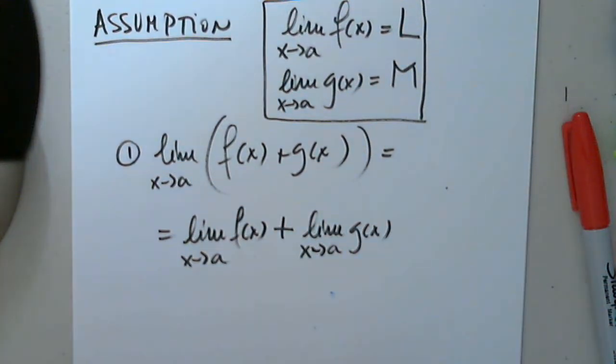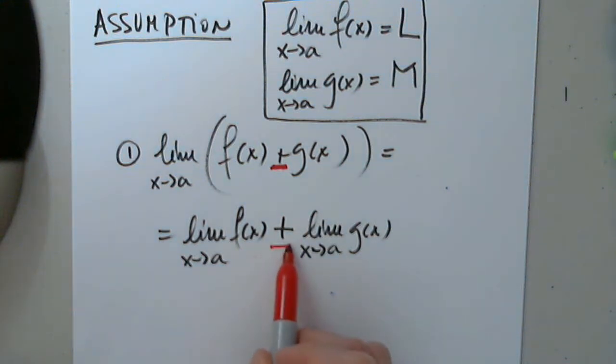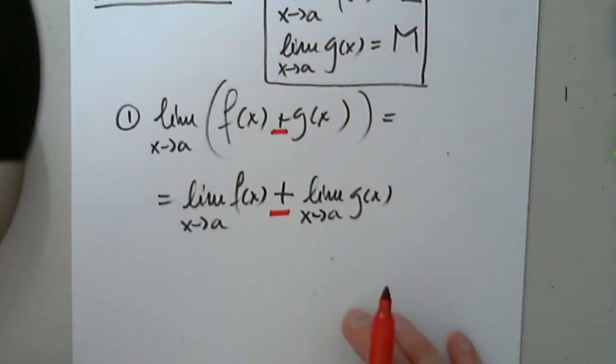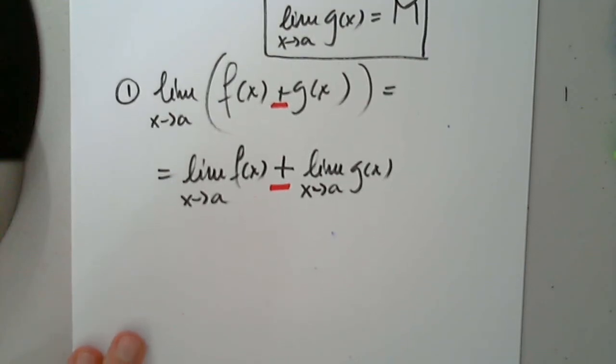Now, of course, if we have minus here, we have minus here. So I like to present these two together. I'm not lazy about writing, I'm trying to condense them.